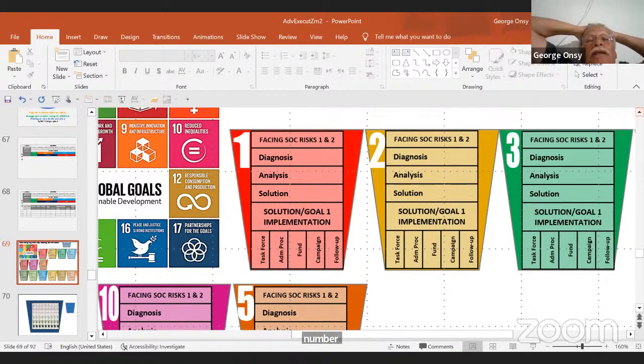Number one is the cost of living, which is going very high. And number two is immigration, large-scale migration, which is caused by poverty. So both of them are risks concerned with goal number one, which is conquering poverty, or zero poverty.